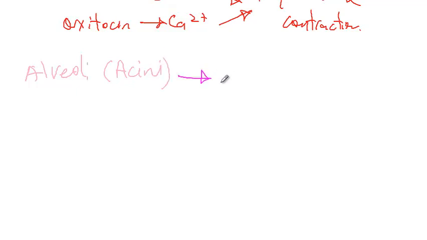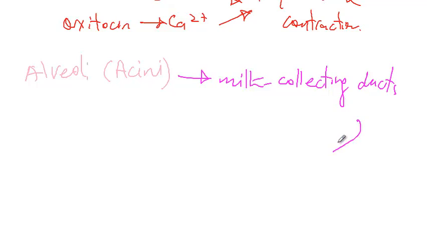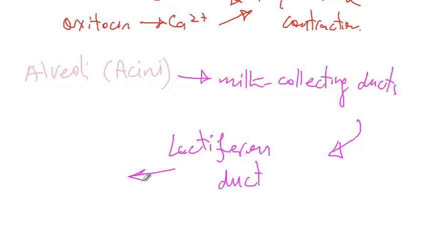And these acini will open into milk collecting ducts that will unite to form a lactiferous duct. And then the lactiferous ducts will join together to form areola. And from here on, there will be opening to the nipples.